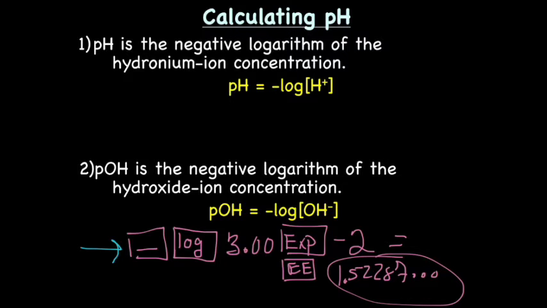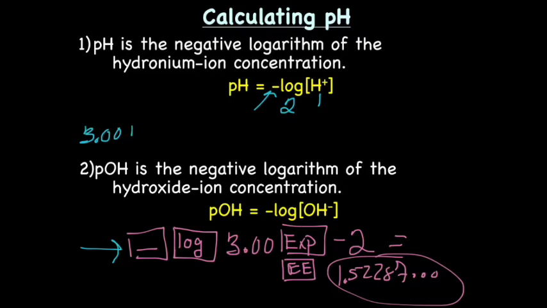You'll start with putting in the concentration of the H3O. Then you'll put in the log button, and then you'll put in the negative sign.